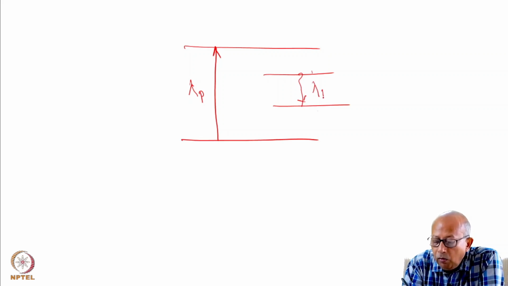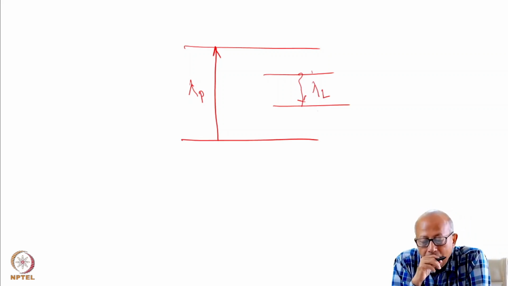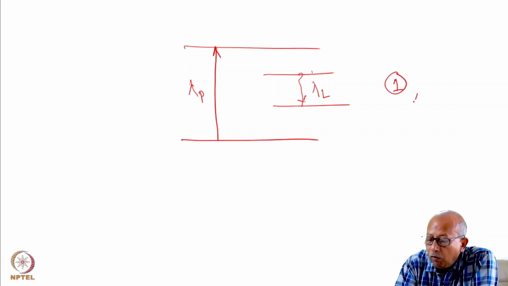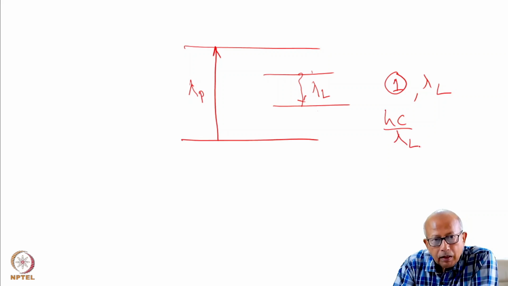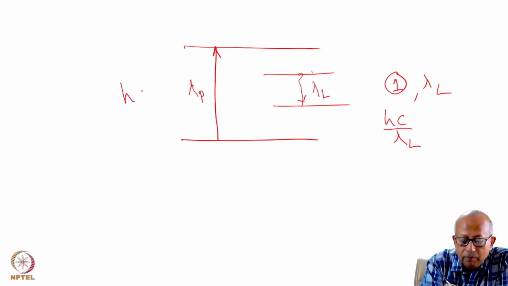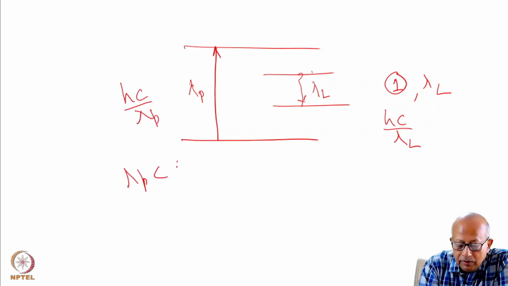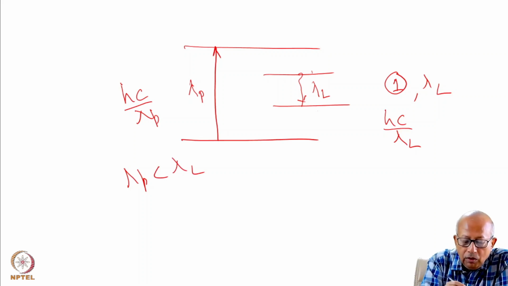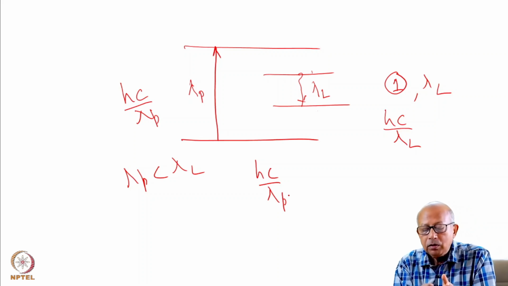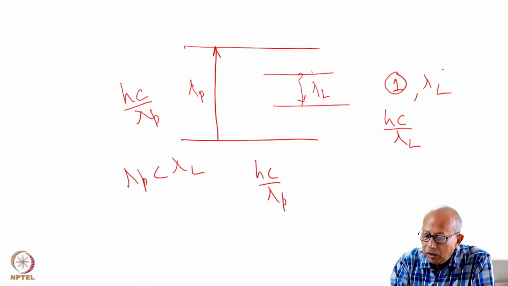The wavelength of lasing is lambda L. Therefore, to get a single photon of wavelength lambda L, the photon's energy would be simply hc by lambda L. You will have to expend a pump energy of hc by lambda p. As lambda p is less than lambda L, hc by lambda p is the energy that is required to be pumped for the generation of a single photon.